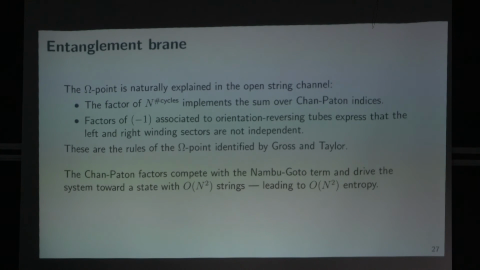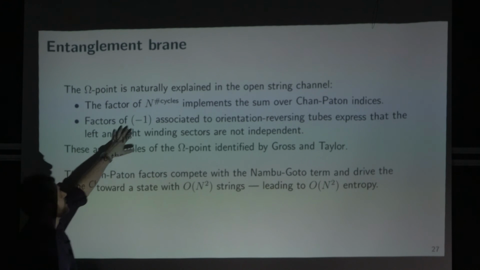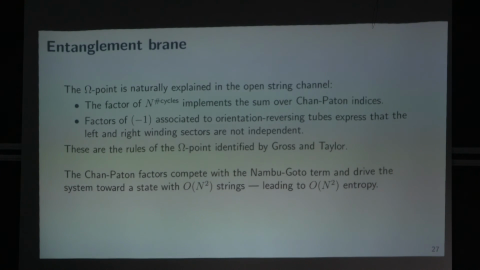So what I want to say is when you have this open channel, it actually naturally explains the rules of the omega point. So this factor of n to the number of cycles, all that's doing is summing over the different Chan-Paton indices. Anytime you have an open string, the more strings you have ending on this thing, the more possible Chan-Paton indices there are. And you get factors of n, basically for every string.